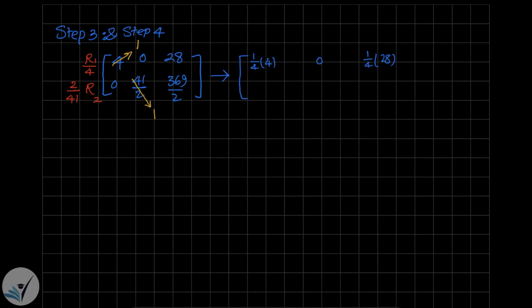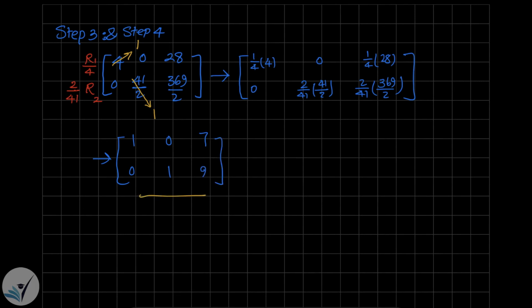On the second row, we would have 0, 2 over 41 times 41 divided by 2, 2 over 41 times 369 divided by 2. If you simplify the matrix above, you would get 1, 0, 7, 0, 1, and 9.